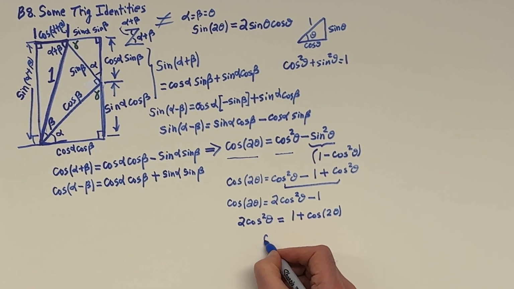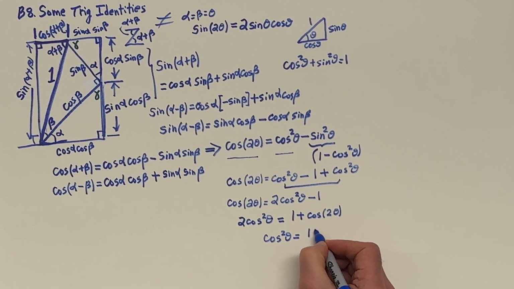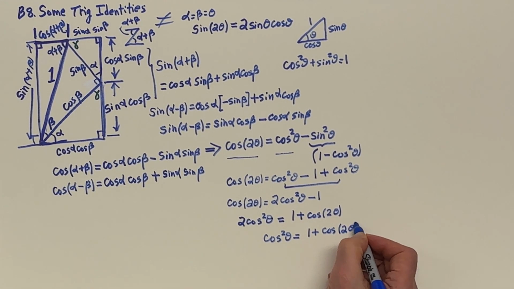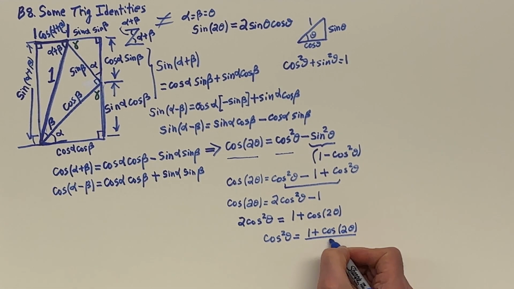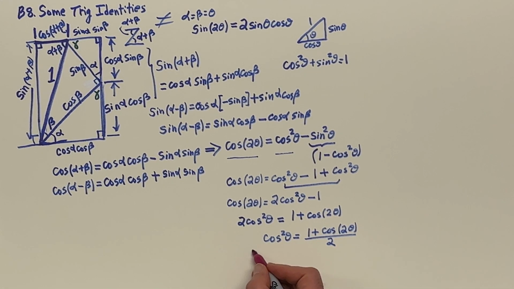And another identity is the cosine squared theta is 1 plus cosine 2 theta, all divided by 2. And now we can replace this as 1 minus the sine squared theta.